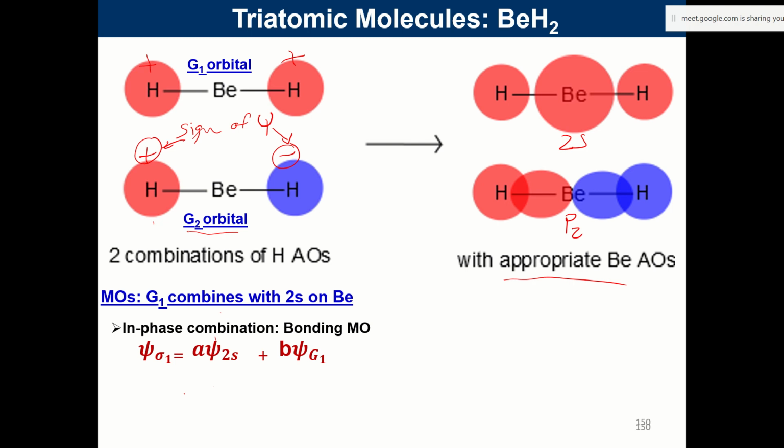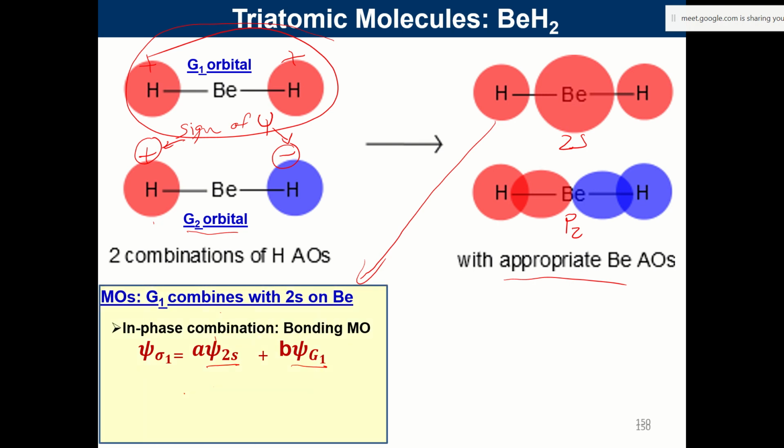So and in a simple case you can so this combination that you have, you will write for this sigma psi 2s plus G1. ये जो पूरा है ये आपका G1 था. So G1, and of course you give this A and B, the coefficient to indicate how much they are contributing to each of in the formation of that orbital. So that is your one set.